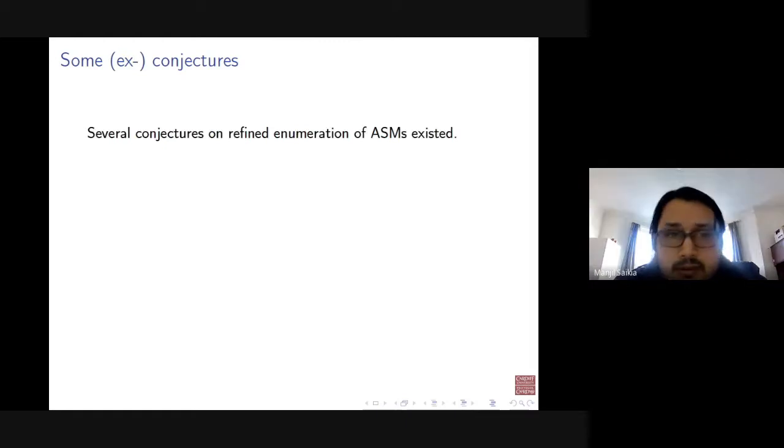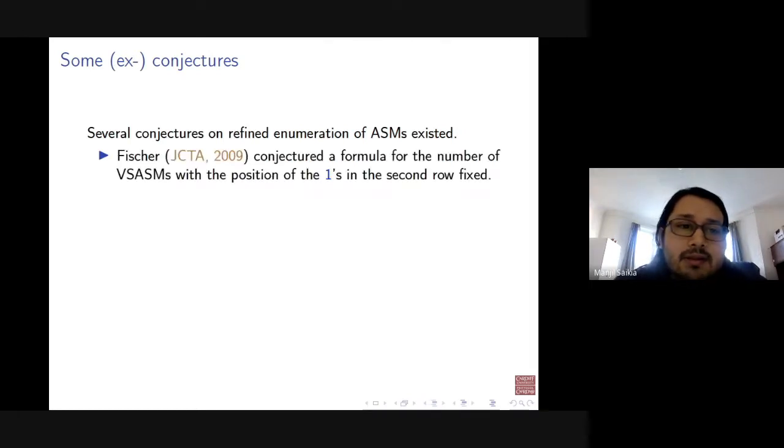I want to show you some conjectures which Ilse and I were able to prove. The first was a conjecture by Ilse, who conjectured a formula for the number of vertically symmetric alternating sign matrices. The letters before ASM in such an acronym signify the symmetry class.